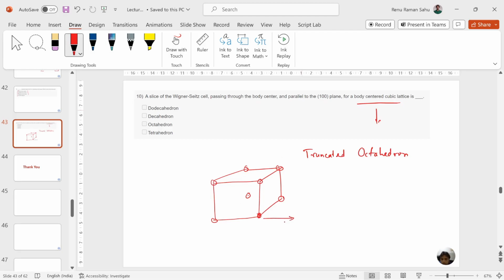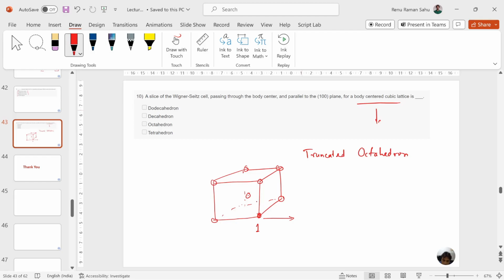So what does 100 plane mean? 100 means x-axis is 1, y is 0, z is 0. It is basically the HKL plane.